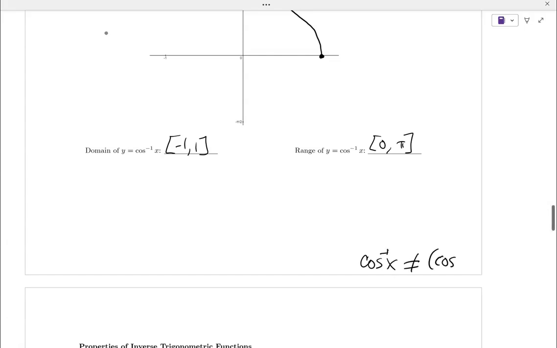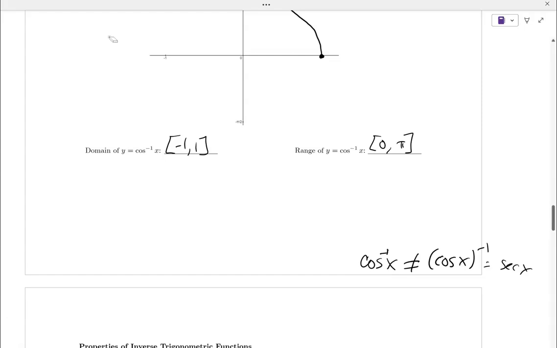If I want to flip cosine upside down with a negative exponent, I would write it with parentheses around it and put a negative 1 power. But I would never do that anyway, because what is the reciprocal of cosine? Secant, right? So this does not mean take the reciprocal. It means do the inverse function. We already have a notation for take the reciprocal. Okay?